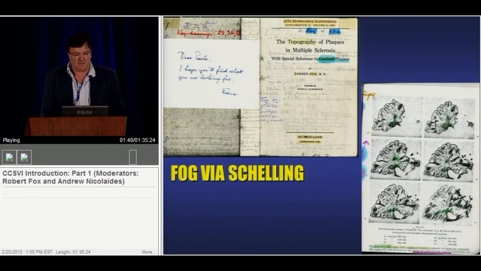And he very kindly also provided me with this beautiful topography of plaque in multiple sclerosis with special reference to cerebral plaque, written by Thurman and Fog and published in Denmark in 1965.